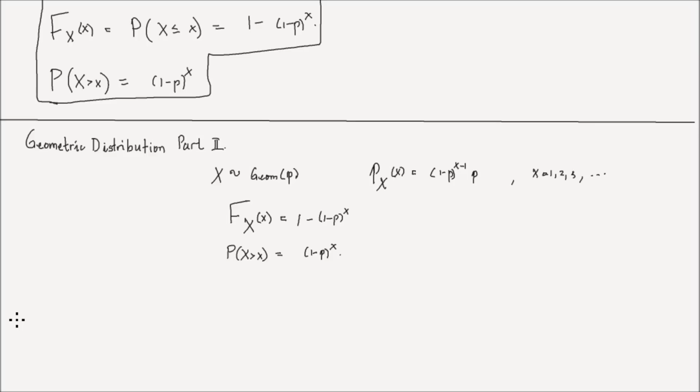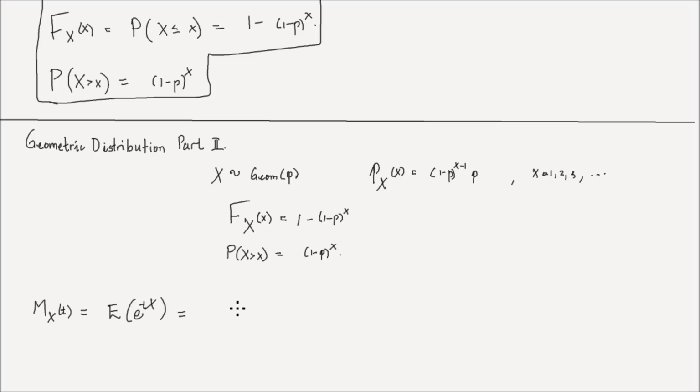So let's find the MGF of this random variable X. The MGF, M_X of t, the moment generating function, is the expectation of e to the power of t times X. Now the support of this random variable is the values 1, 2, 3, 4, and so on.